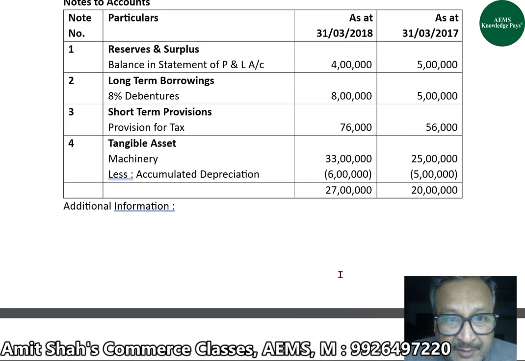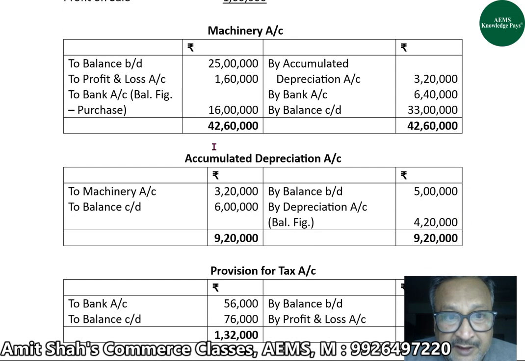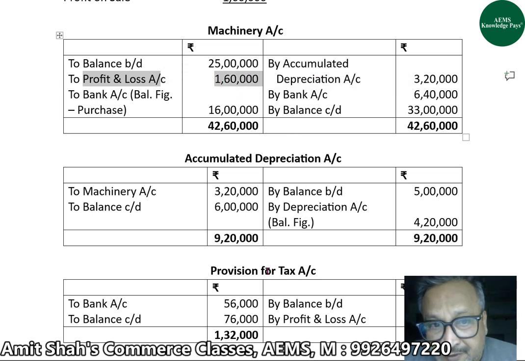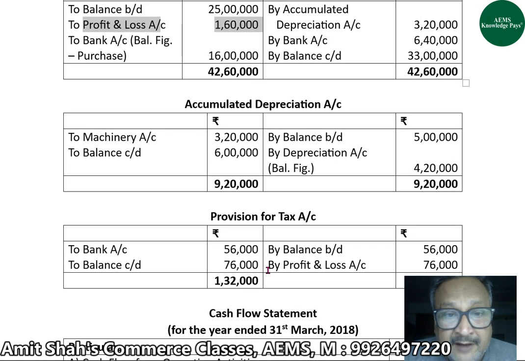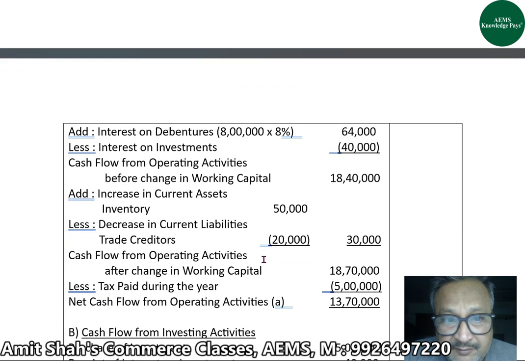Right? Apart from this, we have one more item, that is profit on sale of machinery of 1,60,000. Since it has increased the profits, we will subtract it from profit before tax.